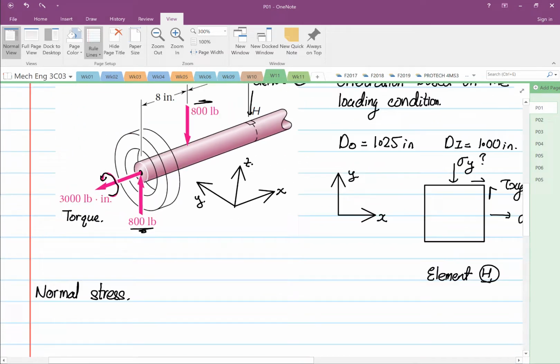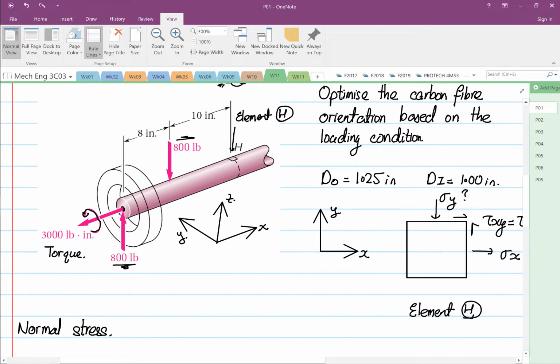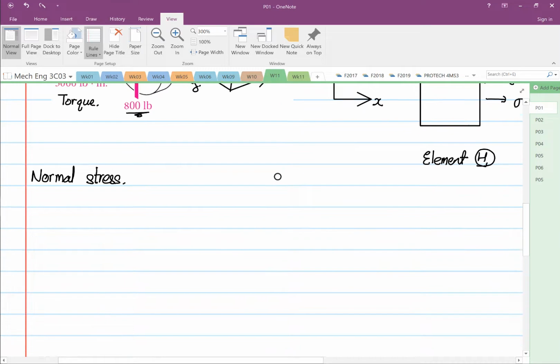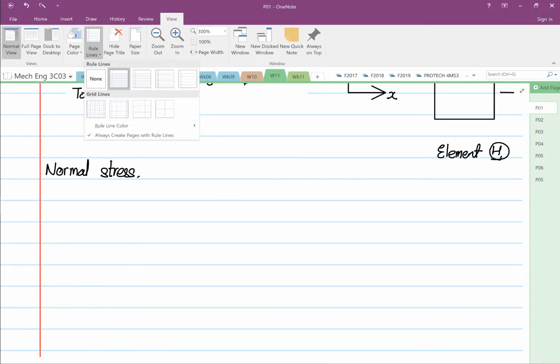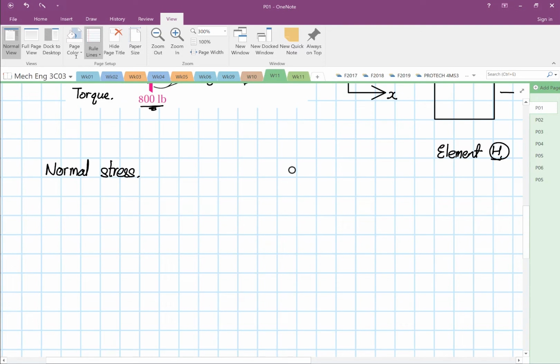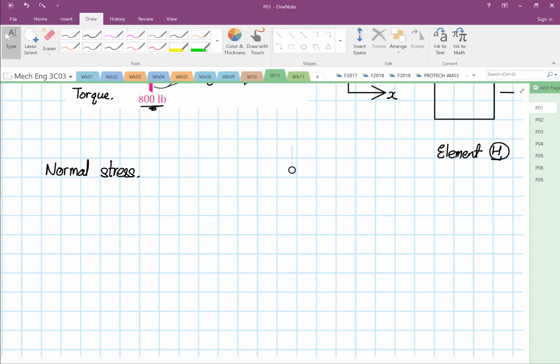So we're going to view the shaft from the plan view, sorry, not plan view. We're going to view it from the side view. So I'm going to draw our transformation now. So now we're going to view our shaft from the side view first.